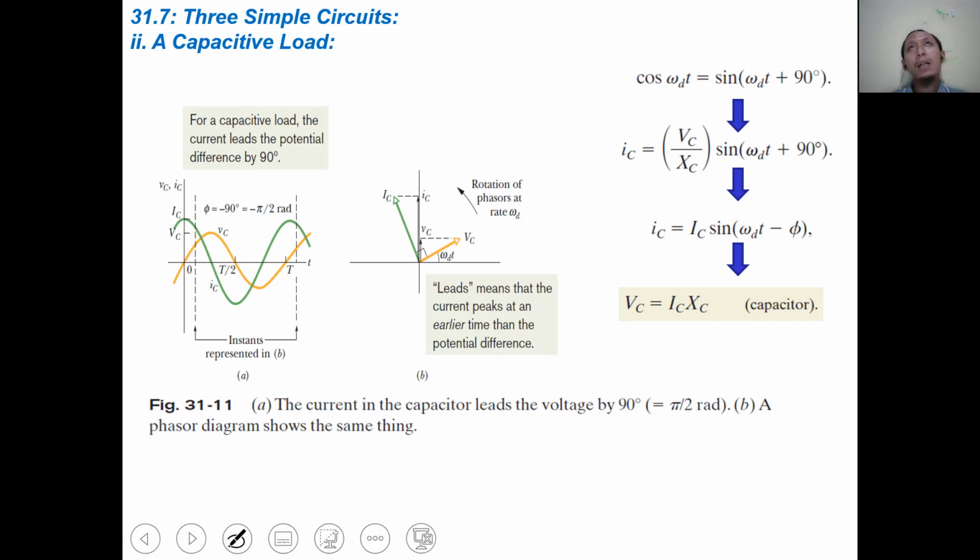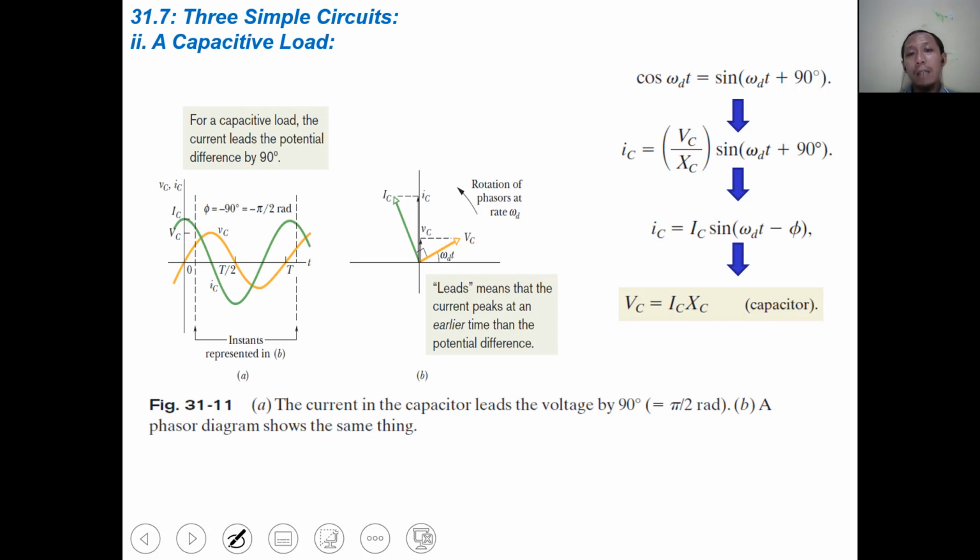So why? Maybe for the logic: the capacitor stores the energy in the electric field. This means that the capacitor stores the energy in the voltage. Because the energy is stored in the voltage, the current leads the voltage, because the voltage is stored in the capacitor.